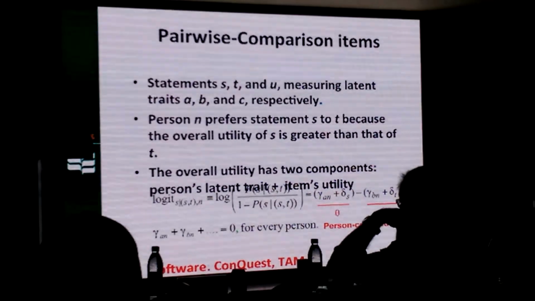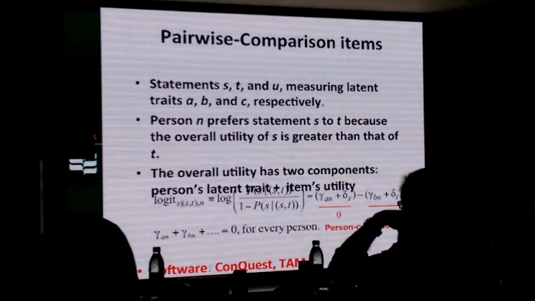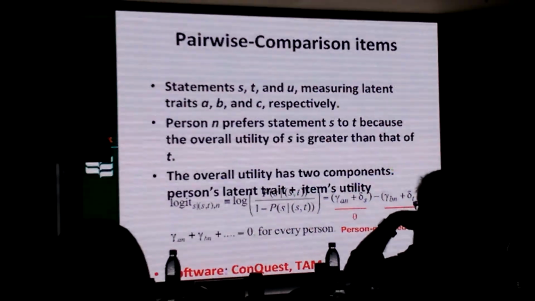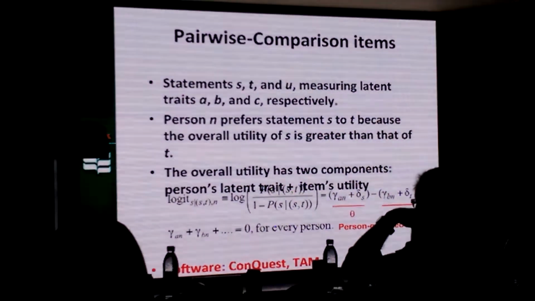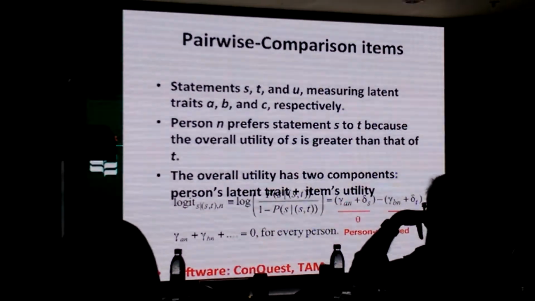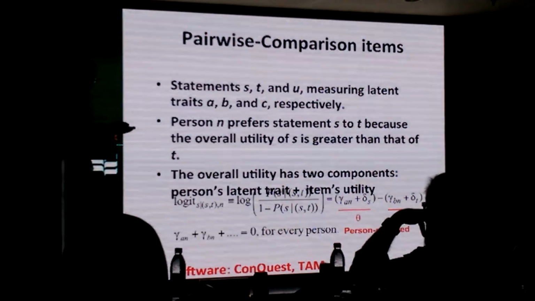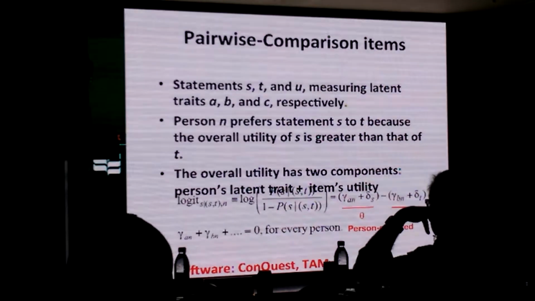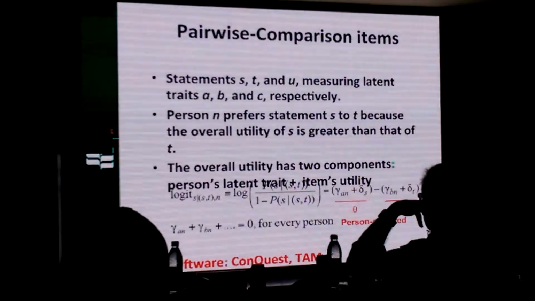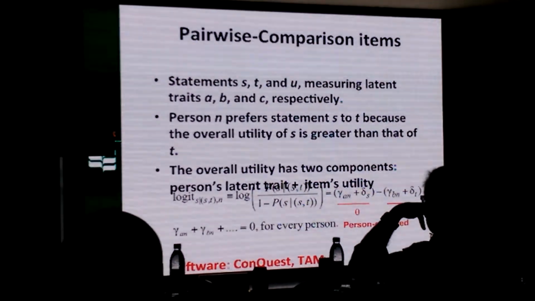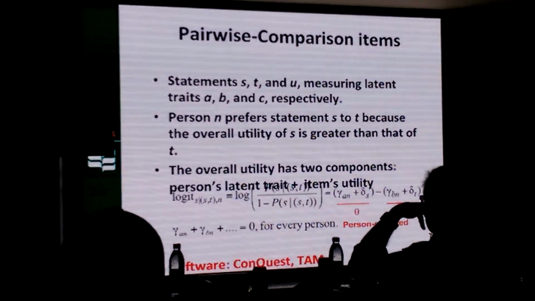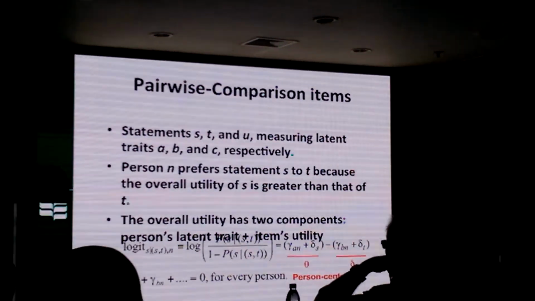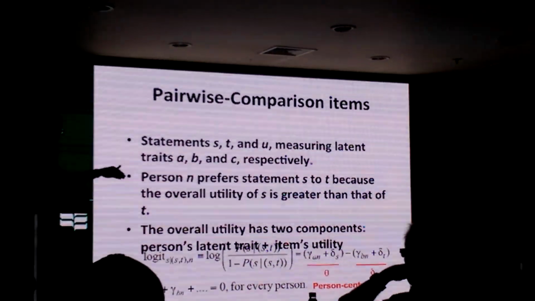We have two statements S and T, like lazy or picky. Lazy is statement S, and picky is statement T. So the numerator will be the probability of selecting lazy, and the denominator certainly is 1 minus that probability, that will be the probability of selecting statement T, that is picky. Okay? So we have an odds ratio.